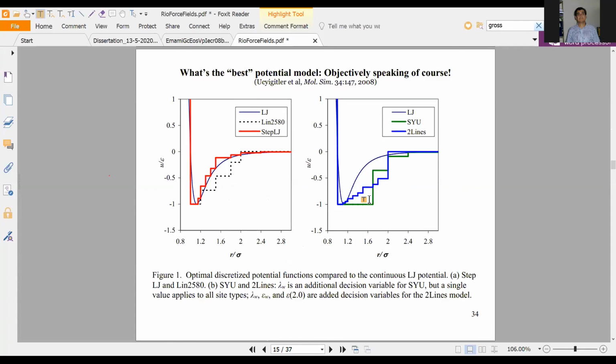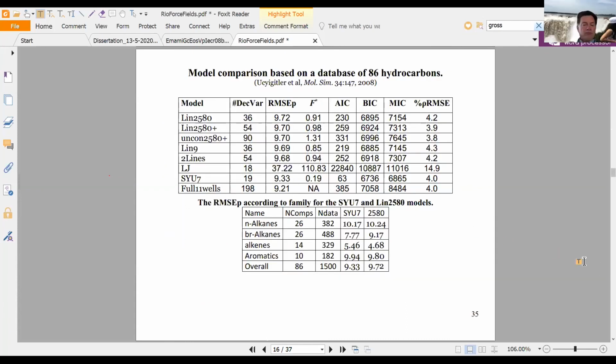I got it. So what we find is, we don't have that many parameters, but we do have twice as many with the 2580 as we do with the step Yukawa. And so we're getting some penalty for that in our information criteria.